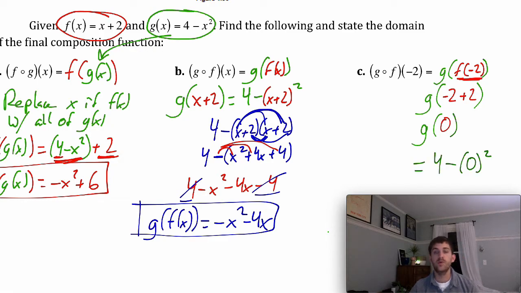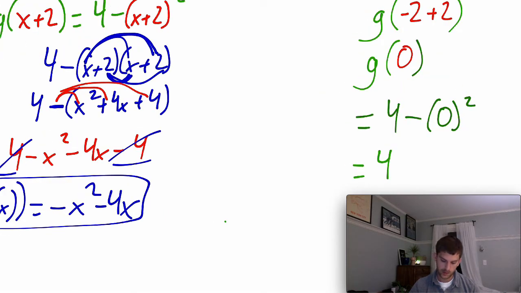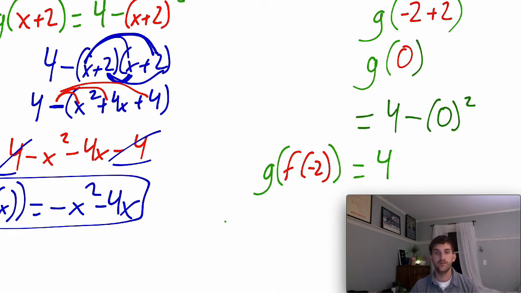So now we got f of negative 2, whatever the result is, we now plugged it into g. So we end up with 4 minus 0 squared is just 4. Sorry, I'm off the screen. Let me shift a little bit. So g of f of negative 2 simplified down to just give us an output of 4.